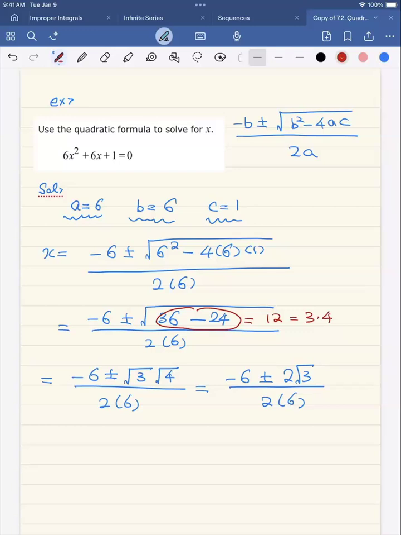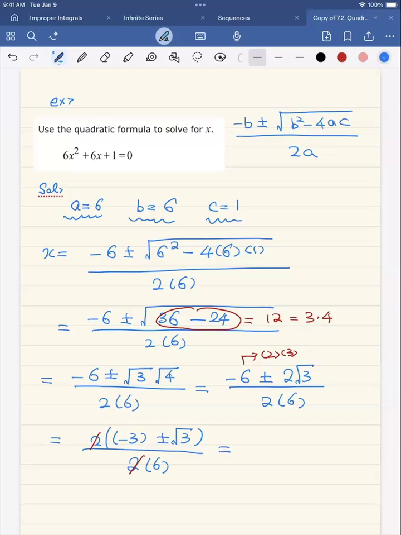Here, 6 is 2 times 3. So the numerator can be decomposed into 2 times minus 3 plus or minus square root of 3, over 2 times 6. Then these two will cancel each other.